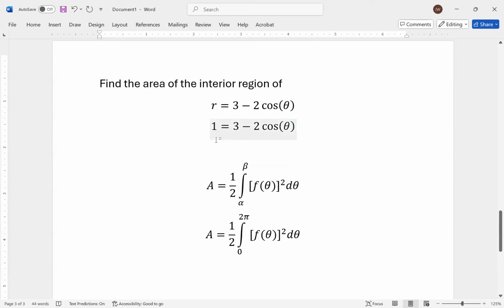Subtract 3 from both sides, you'd get -2 equals -2 times cosine of theta. Dividing by -2, you'd get cosine of theta is equal to 1. That is a positive 1.